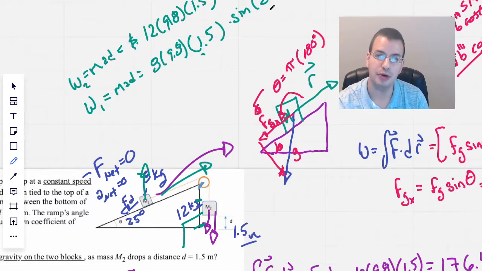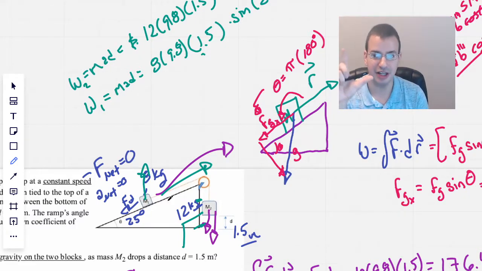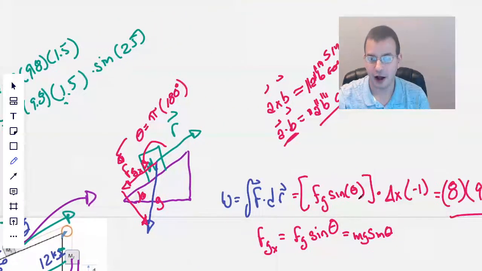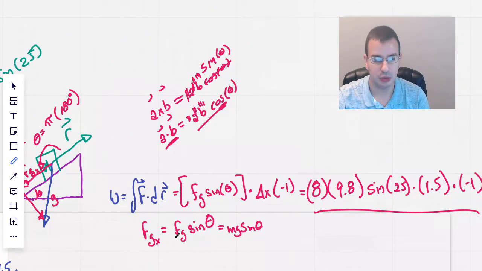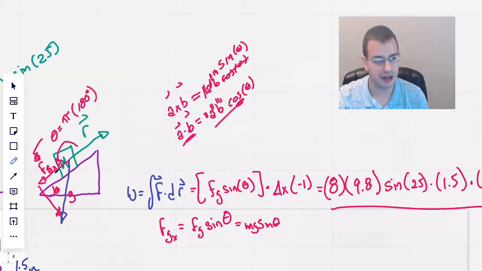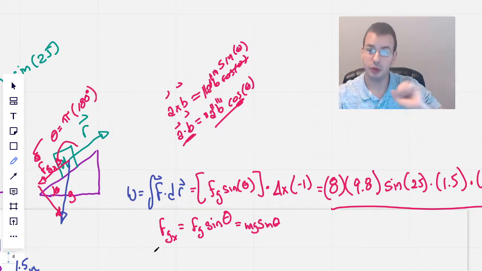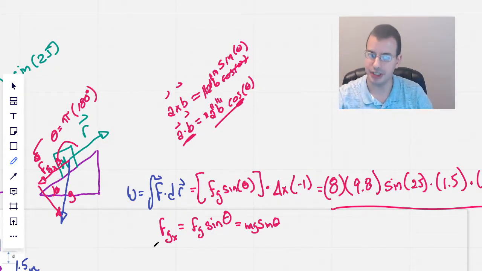So with this 1.5 sine of 25, I'm shortening the distance it traveled because it traveled up. In this case over here, I basically shortened the force, the gravity, by sine of 25. And so I had a smaller force but a greater distance. Either way you look at it, the numbers all come out the same.